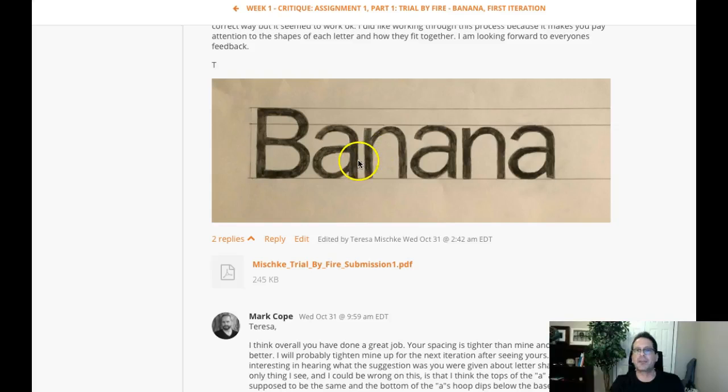That stands to reason if we're talking about volume, because right now this counter space, this negative space, has more volume associated than these two straight parts of the letters. So if we move this over, we're closing that volume down. If we open this up, we're increasing that volume, bringing those closer to equilibrium.